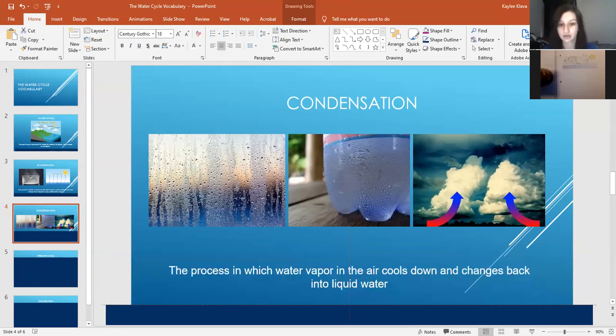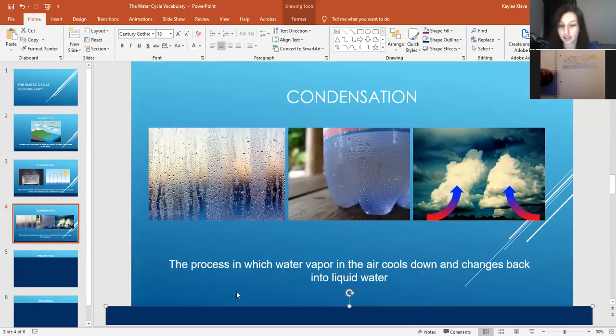So, condensation is the process in which water vapor in the air cools down and changes back into liquid water. This is how clouds are formed. Go ahead and pause the video to copy this definition or make your own definition in your notebook.